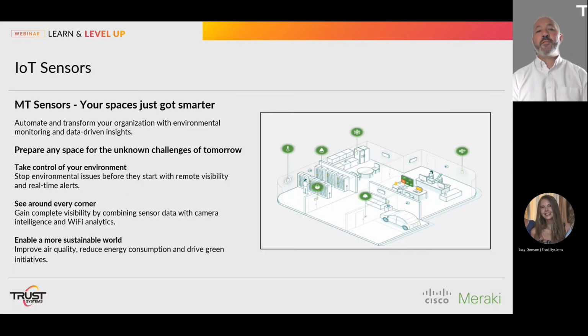The final area I'm going to cover today is the Meraki IoT Sensors. And this is, again, just an enhancement of how you can use technology to gain further insight and information from your operational buildings to provide better value or insight into your organization. So the MT sensors, they're IoT sensors that can sit on the network through Bluetooth technology, being accessed via the gateways, the Bluetooth gateways being the MRs or the MVs.